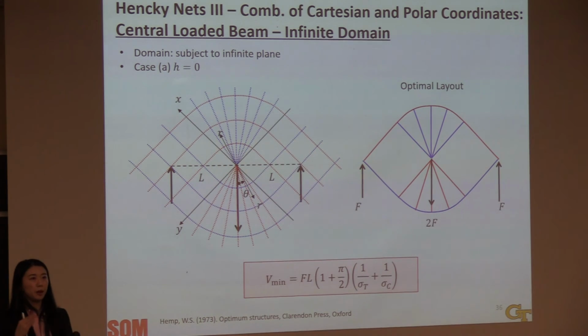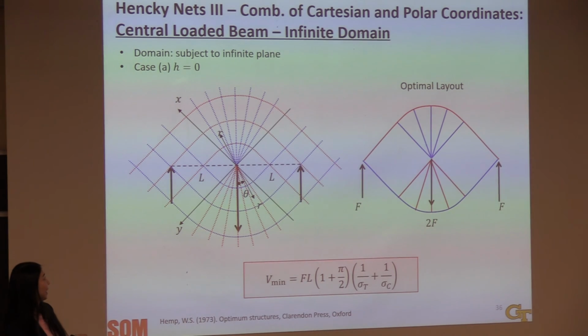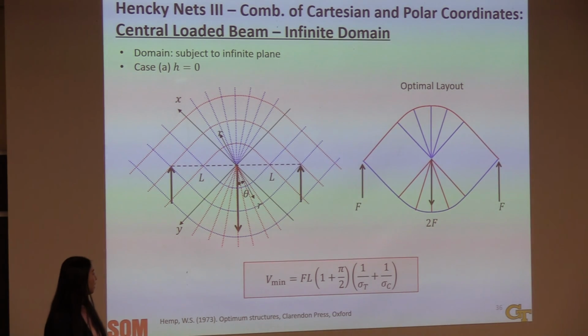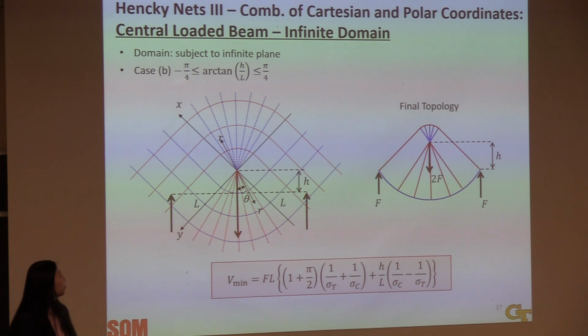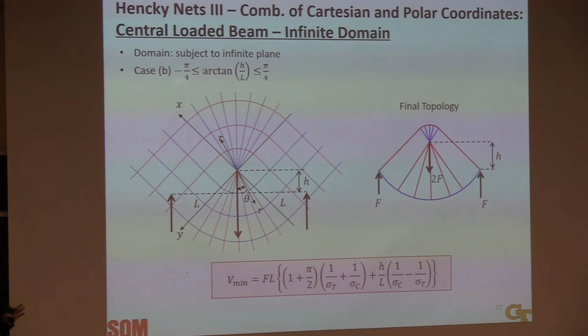And all your members need to lie on the Hencky net. So if we lower these two forces, we can see that we can still make use of this Hencky net, and we obtain the minimum volume of this value, and here is the difference between the volume here and the previous one.